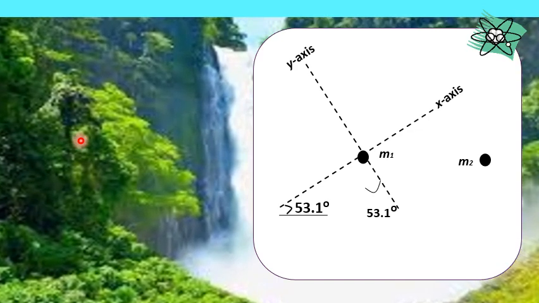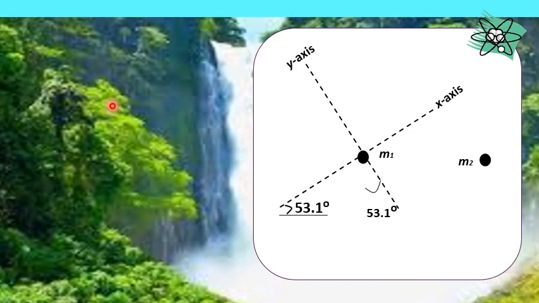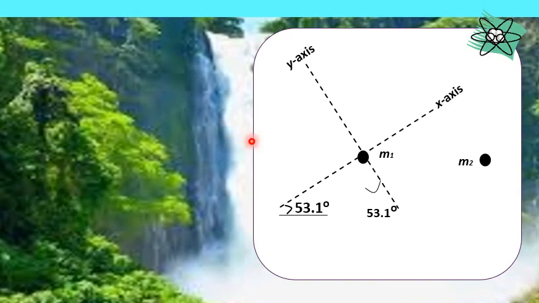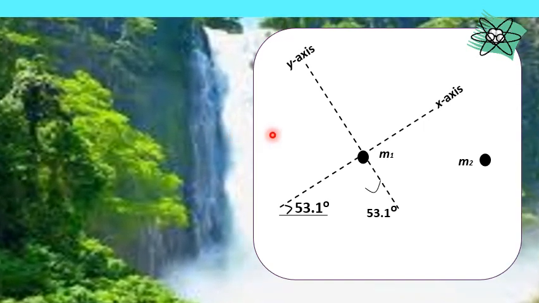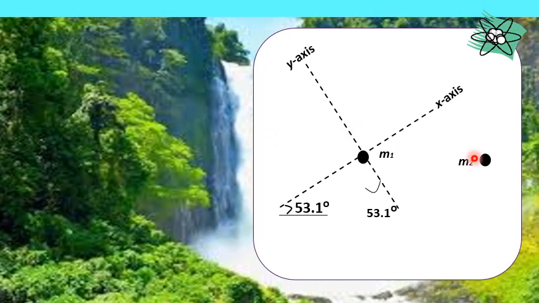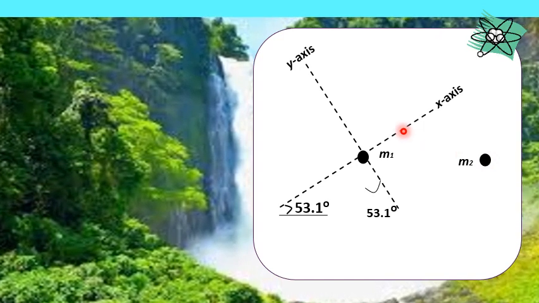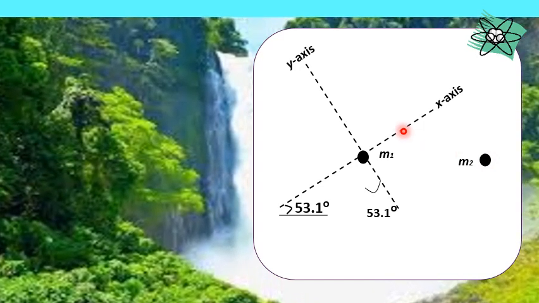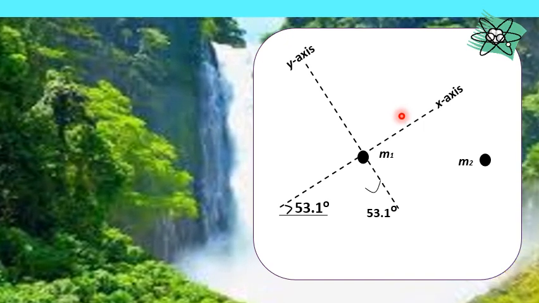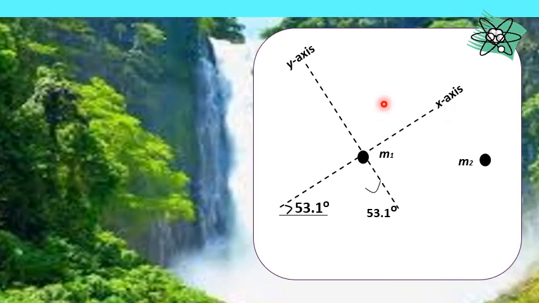We start our solution by identifying all the important forces acting on each mass. We represent both blocks as particles. For clarity, we also tilt our y and x coordinate system a little bit counterclockwise.